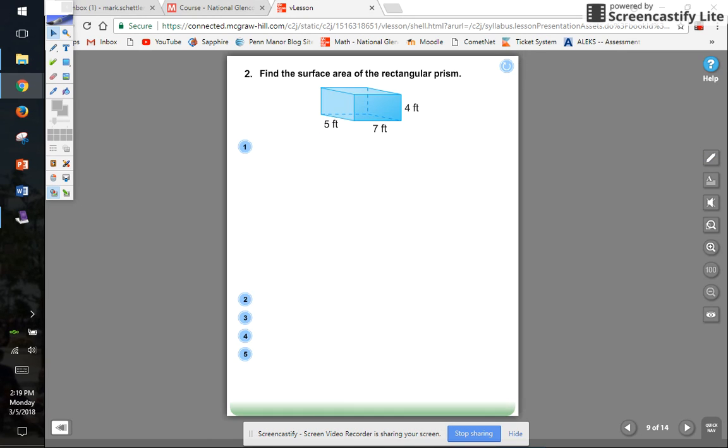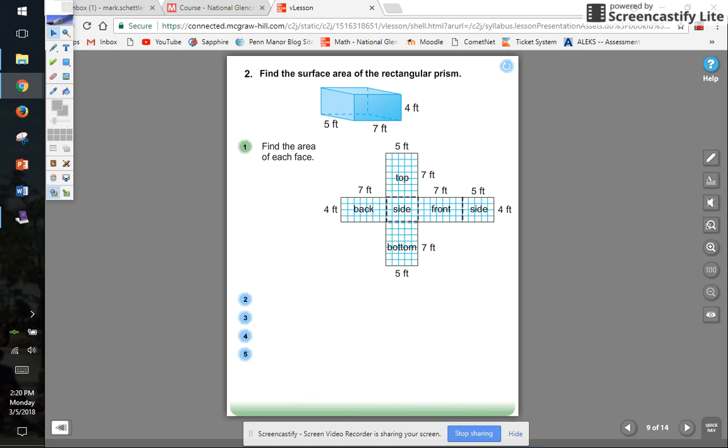But what if I don't have a net and I'm asked to do it this way? Well, this is how I do it. First of all, we need to figure out each one of the sides. We need to figure out front and back, side, top, and bottom. Those 3 areas, really. Thank you, it's broken into a net for us.